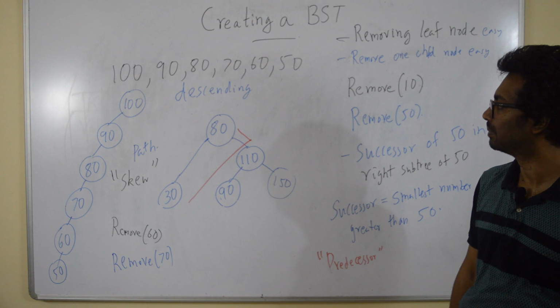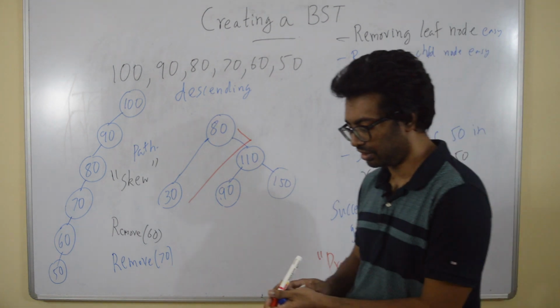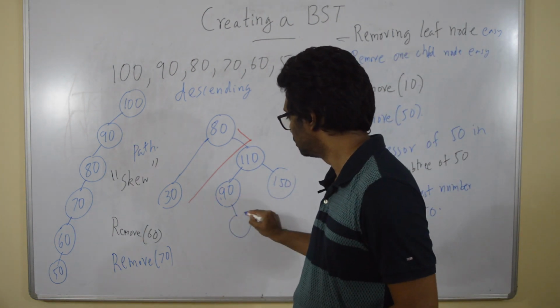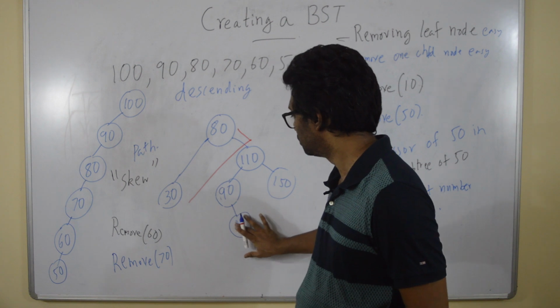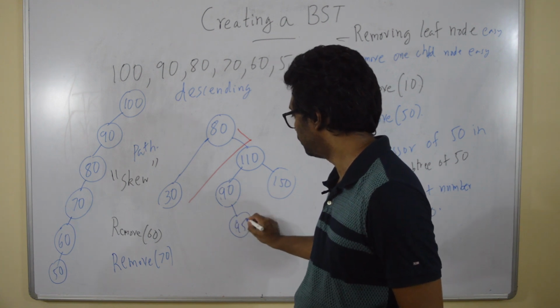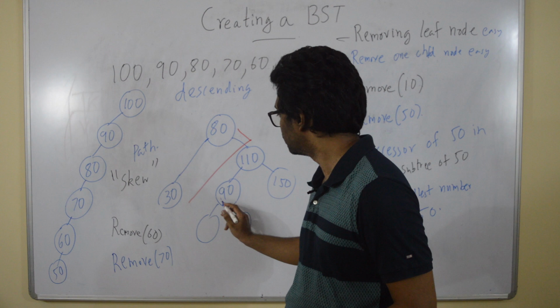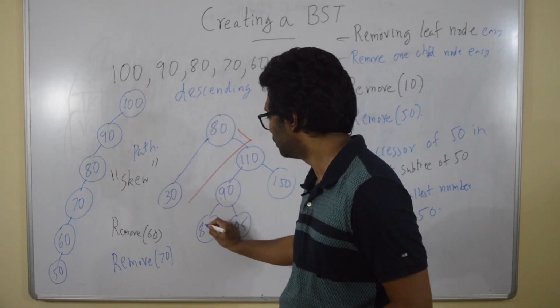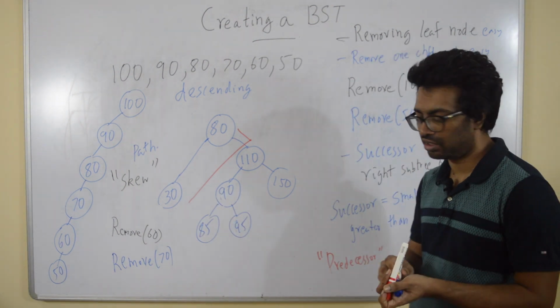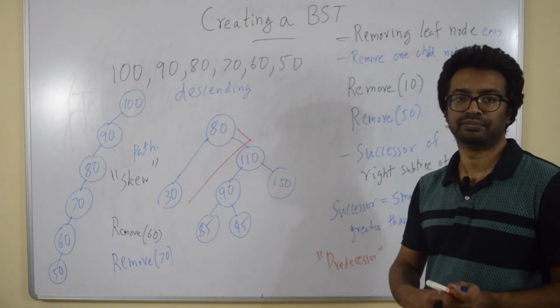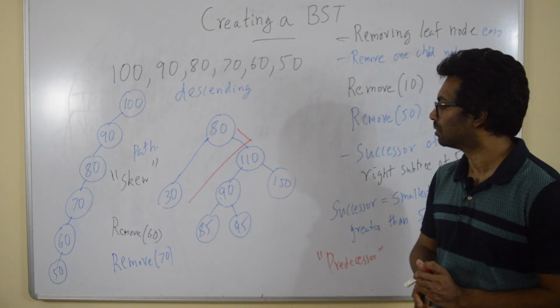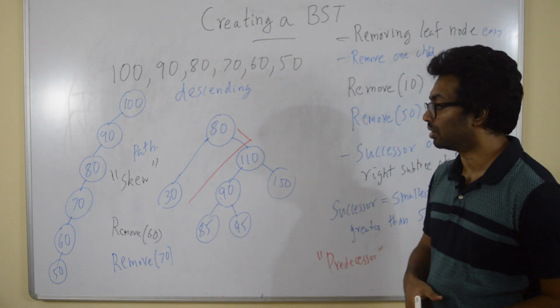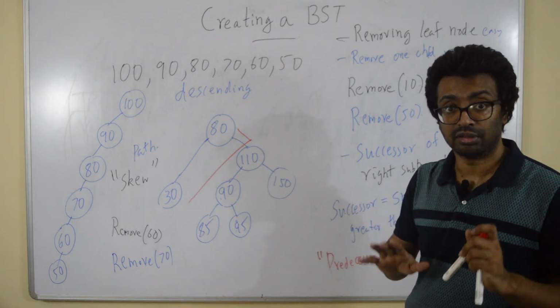Okay, right. So let me, if this was the tree, let's say 95. This is 80, so 85. Okay, if this was the tree, what is the predecessor of 110? 85. Okay, sorry, it's 95. I'm sorry, I made a mistake.